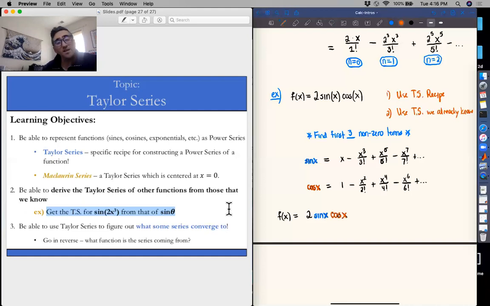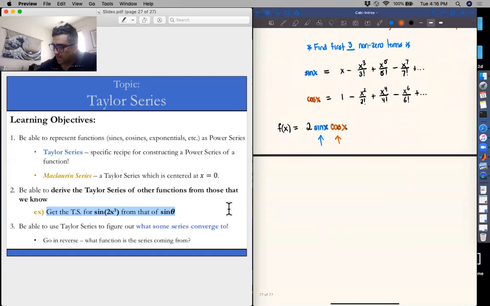We can just plug in the right-hand sides into both sine and cosine in this function and distribute the terms and figure out the resulting Taylor series terms. Let's just go through that process. Again, we're just interested here to find the first 3 non-zero terms. So we have that coefficient of 2 out in front. The first thing I'm going to do is write the first couple terms of our sine series. So let's go x minus, say, x cubed over 3 factorial, plus x to the 5th over 5 factorial.